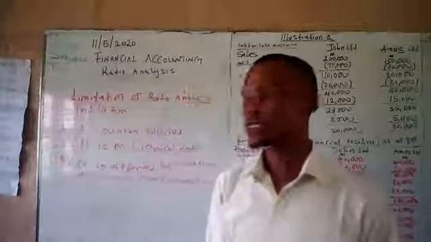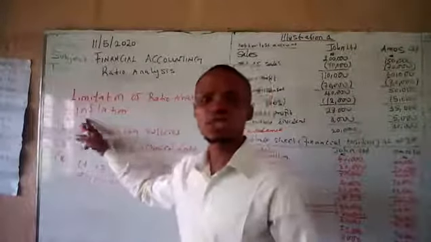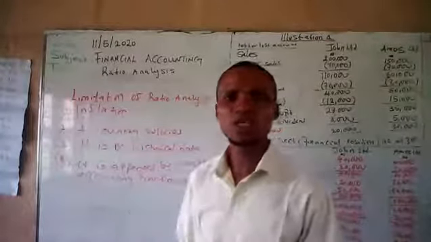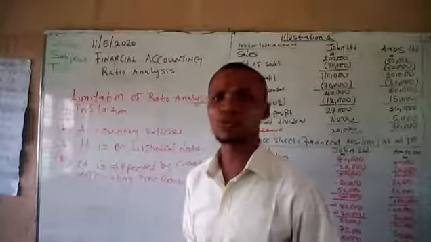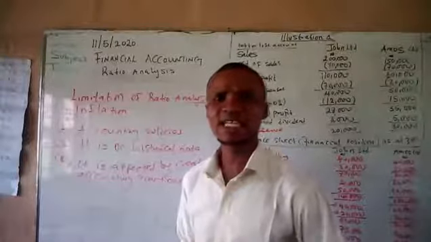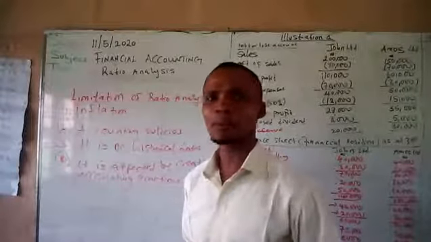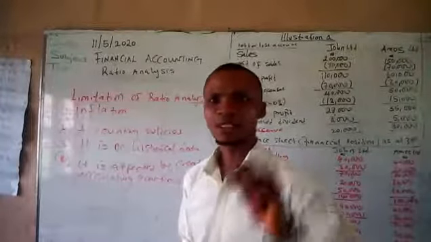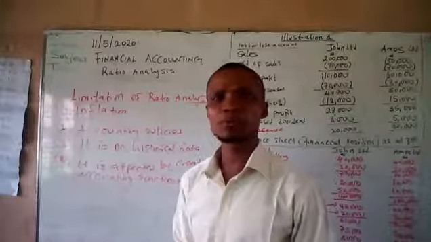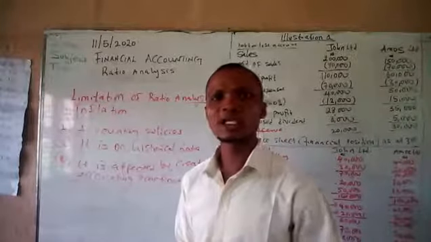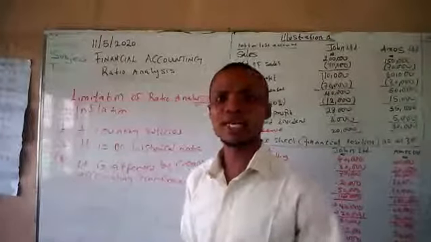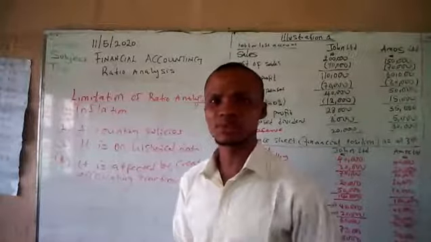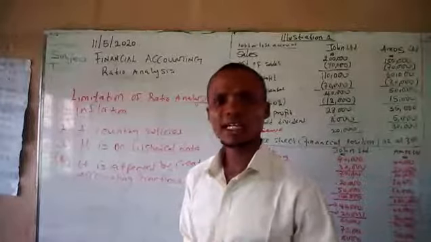One of the limitations of ratio analysis is inflation. Inflation, as we know, is the persistent rise in the general price level of goods and services in an economy. When this happens, it affects the standard of living of people, just like what we are seeing in this period of COVID-19, where the prices of some goods increase.